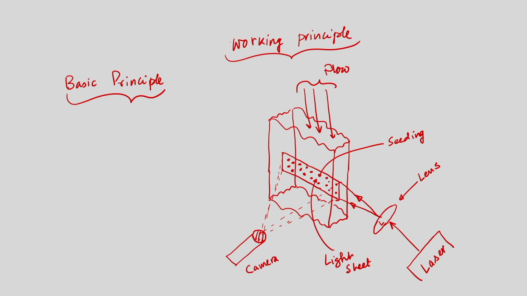The light will be used to illuminate a particular zone of the flow field, wherein we have a seeding particle, and that particular zone marked by the light sheet is illuminated, and that will be recorded by a camera, and the camera will be located at a right angle to the incoming light source.